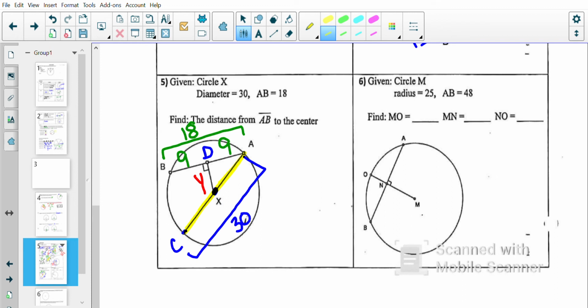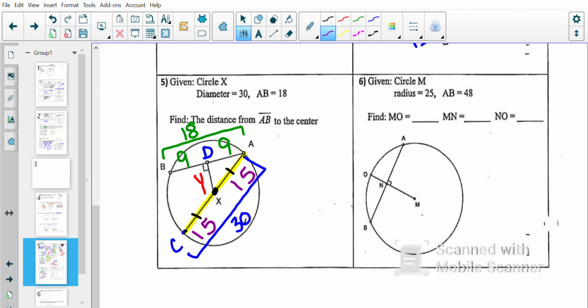So that means X to A and X to C are radii. And what do we know about all radii? They have to be congruent. So if C to A is 30, then X to A is 15, and X to C is also 15.